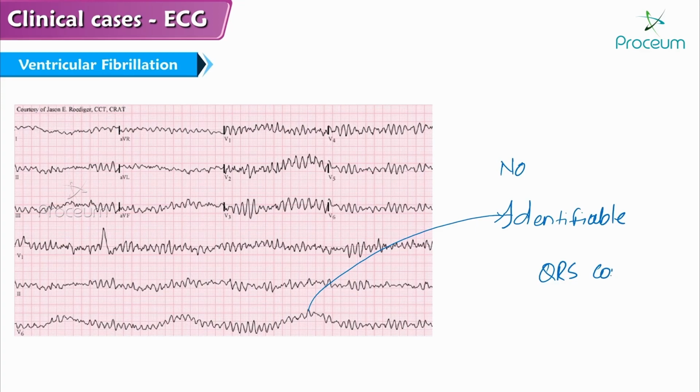You don't have the identifiable QRS complex in case of ventricular fibrillation. And in these patients with ventricular fibrillation, the treatment of choice will be DC shock. You need to give 200 joules of unsynchronized shock. Then only the individual can revert back.